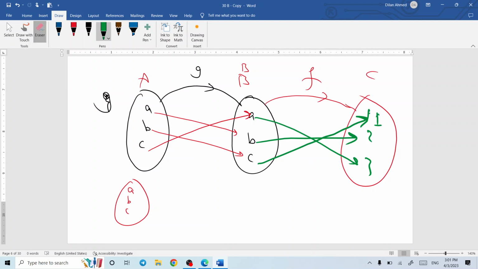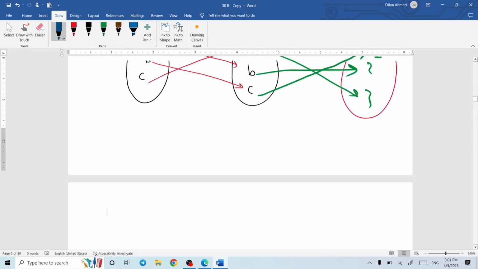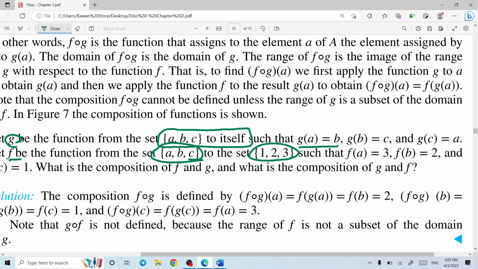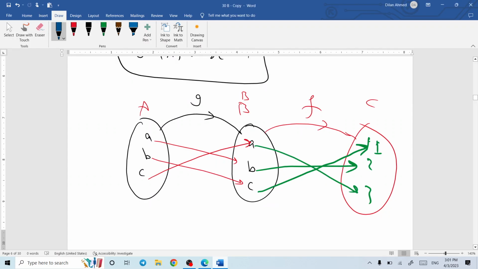So now, okay, we just construct the graph or the diagram, the Venn diagram that they have. Now he says find F circle G of A. So how do we find that one?